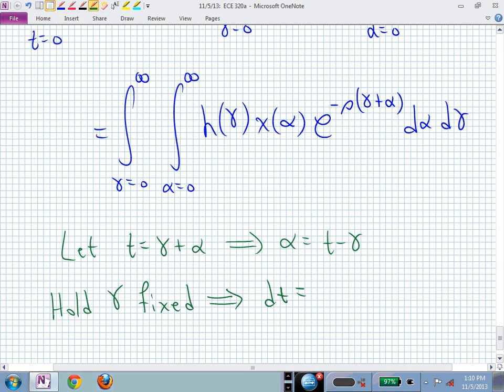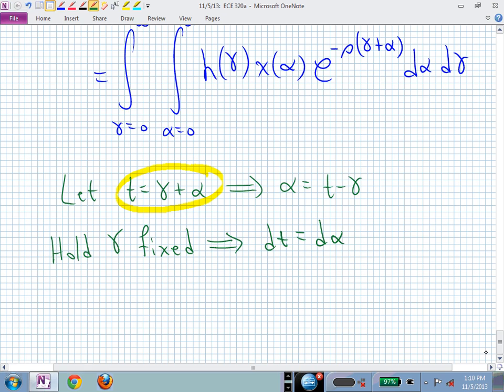If I hold gamma fixed, and I look at this relationship with respect to t, and now I want dt, what's that equal to? Tell me about that relationship. Now that's just d alpha, isn't it?